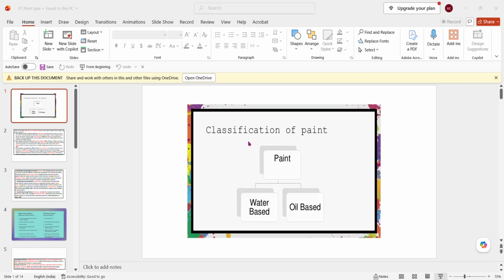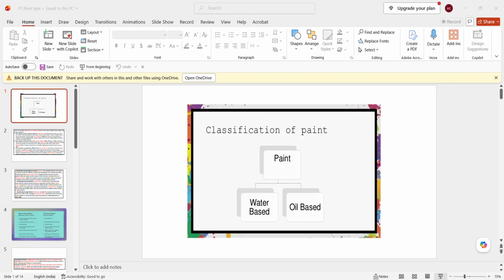So friends, I think I have discussed in detail the types of paint. In my first post, I discussed paint consisting of different elements like pigments, resin, solvent, and additives. Now we have discussed the different types of paint, water based and others, based on characteristics.